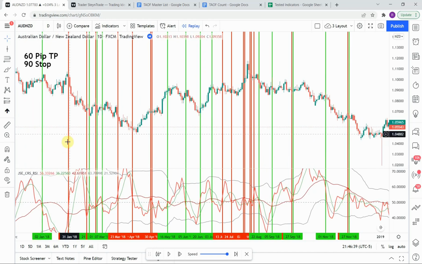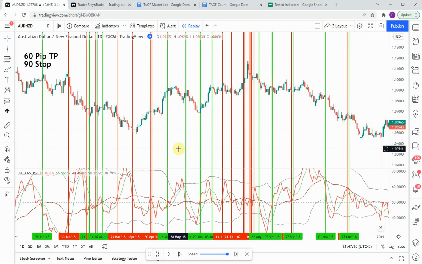So we have 29 trades all together, and we have 13 winning trades. And so unfortunately, that is not going to make the 60% criteria.